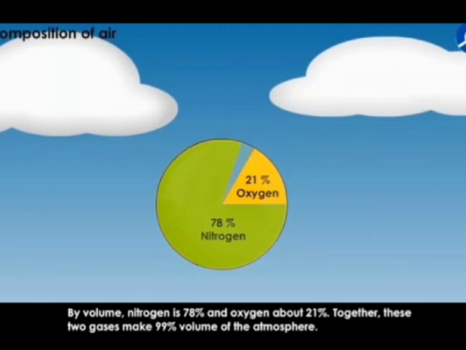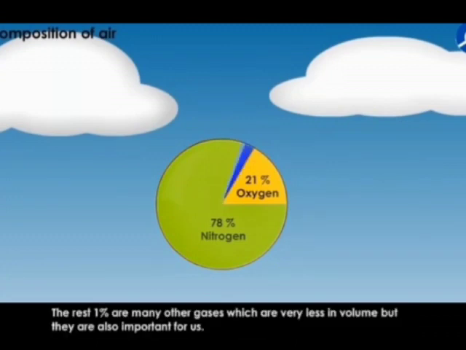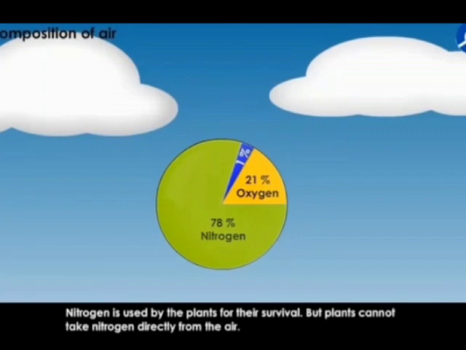Together, these two gases make 99% volume of the atmosphere. The rest 1% are many other gases which are very less in volume, but they are also important for us.